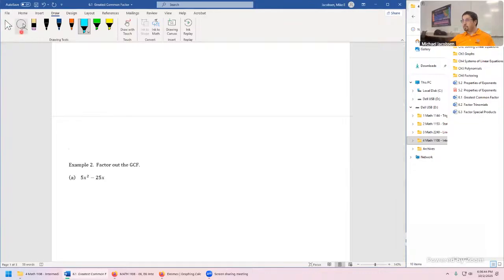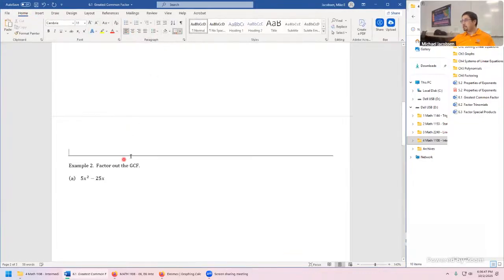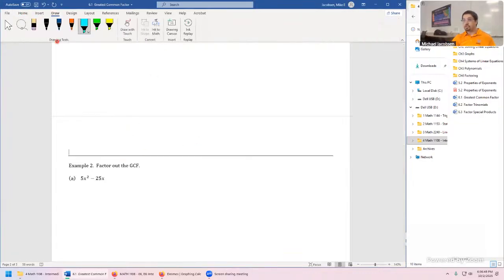First, for just kind of a review type of problem, let's discuss the distributive law. The distributive law we've already used quite a few times in this course, but it's a good idea to just write it in right here because this is what factoring out the greatest common factor is all about.